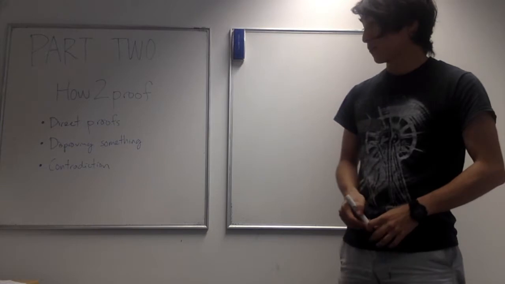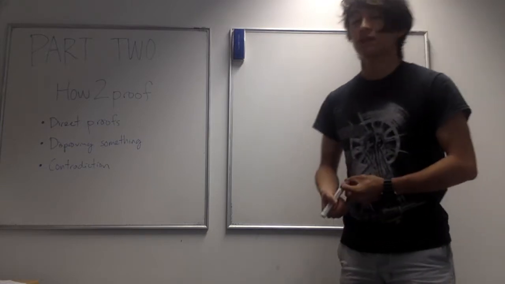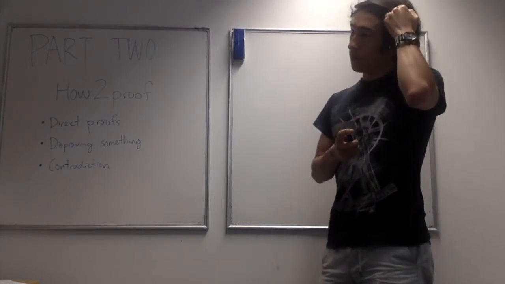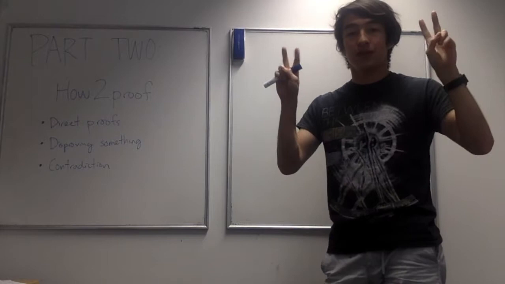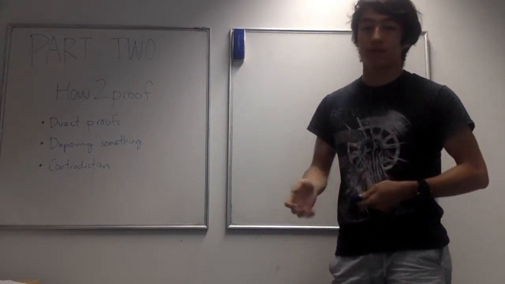Okay, how to prove part 2, disproving something. So, disproving things is easy because all you need is one example that makes it false, right?